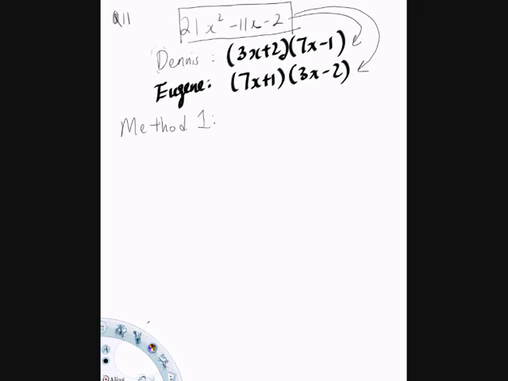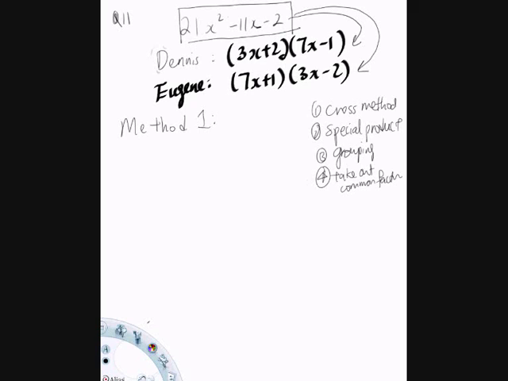You have learned the cross method, the special product method, grouping, and the first one you have learned, taking out a common factor. So we have four methods.